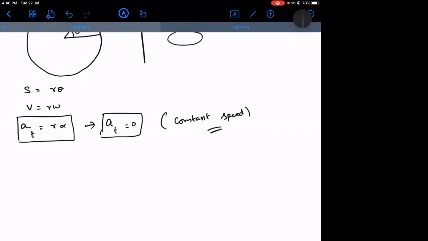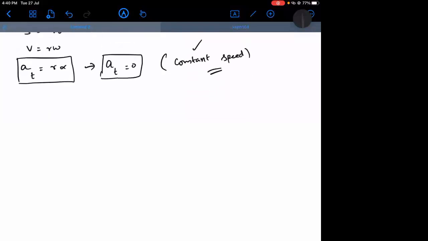An object which has 0 tangential acceleration, in the bracket write it as constant speed, is said to be in a uniform circular motion. Am I clear, guys? Okay.